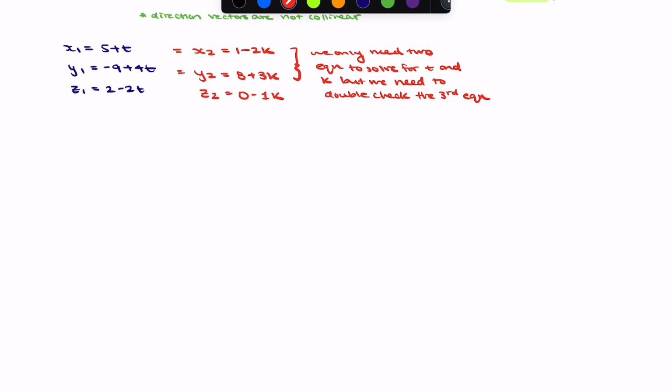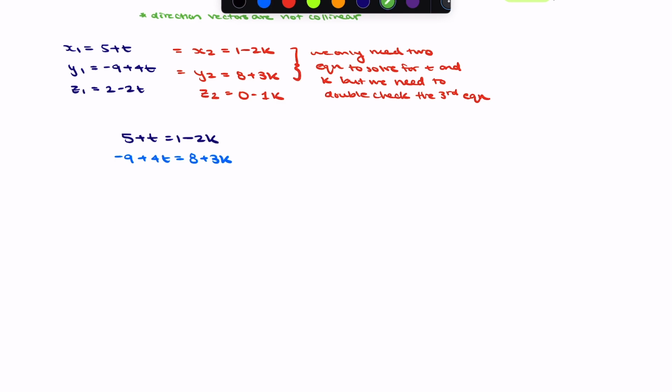Okay, so here we have 5 plus t is equal to 1 minus 2k. And we have our second equation, which is negative 9 plus 4t is equal to 8 plus 3k.